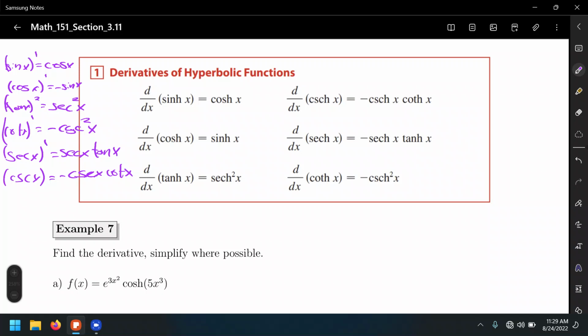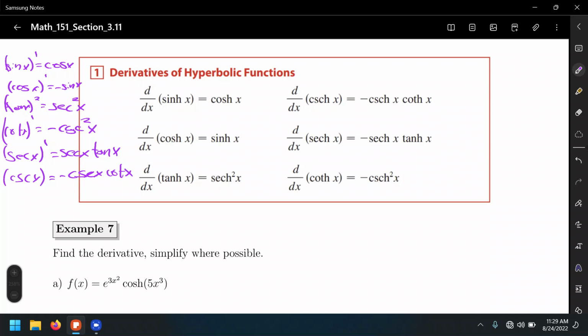However, the difference here is that when listing the trigonometric functions in this order, the derivative of the first one is positive, the next one is negative, positive, negative. See how they alternate in signs? That's not true in the hyperbolic world.